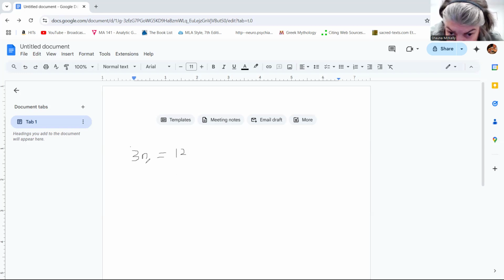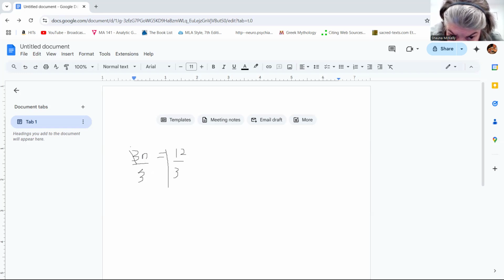Typically, we show that with a fraction line like this. I'm going to divide both sides by 3. Remember, I have to do it to both sides of my equal sign.